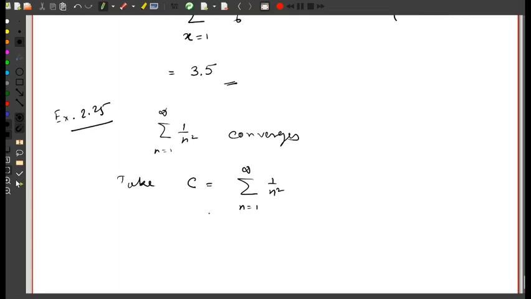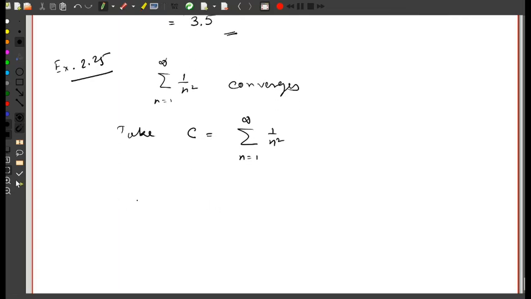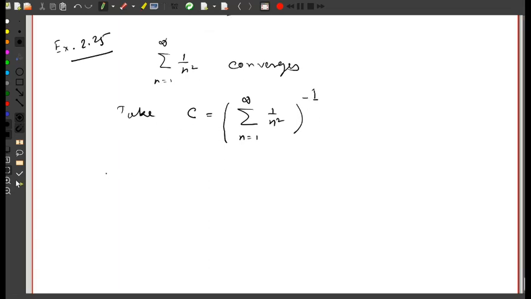Now I take the inverse of this quantity, c, and define a function f(x) which takes the value c by n square if n equals 1, 2 and so on, and 0 otherwise.